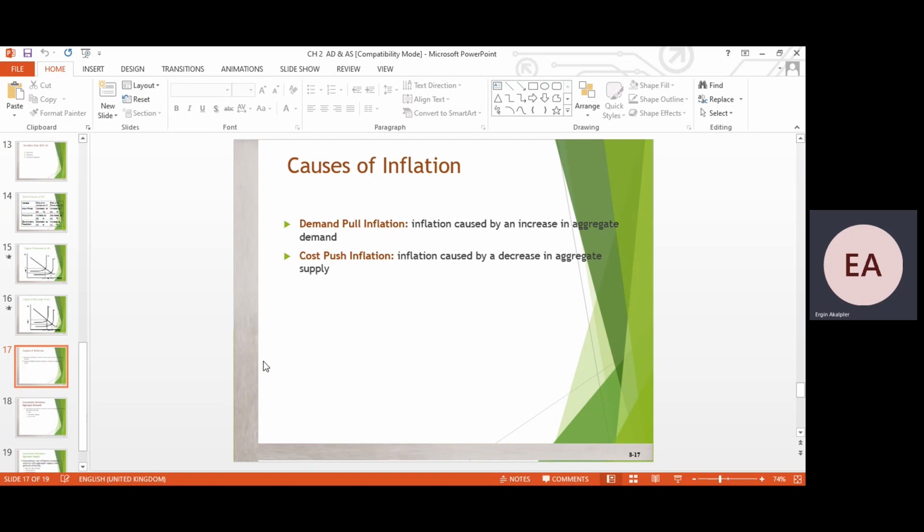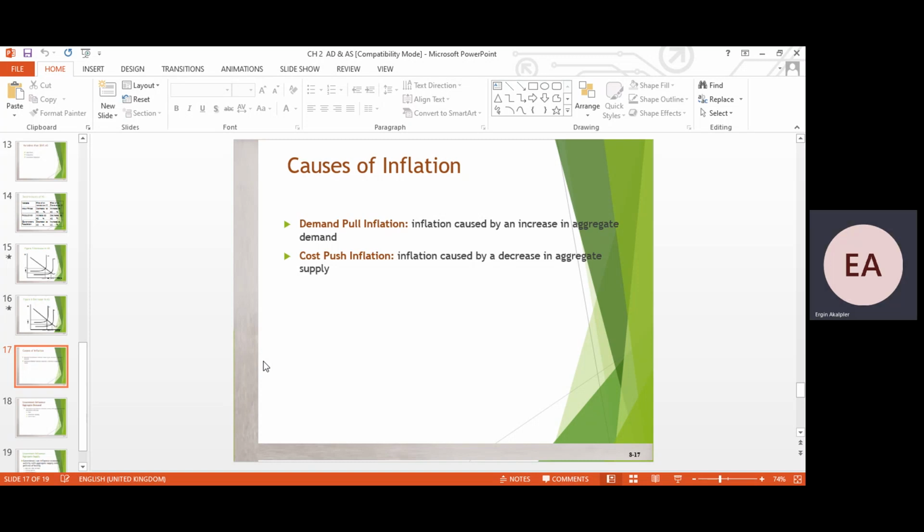as I said to you, inflation caused by a decrease in aggregate supply creates a problem, because when the decrease in the aggregate supply is realized, this is somehow a recession. This is reducing the economic activities.